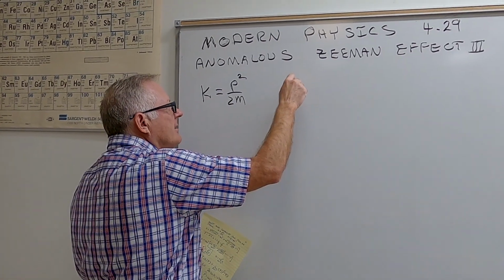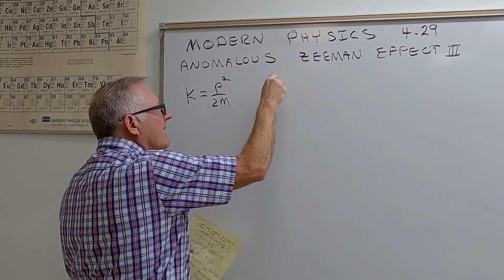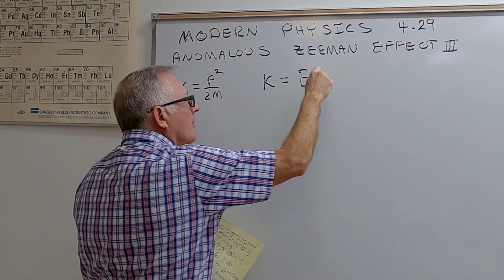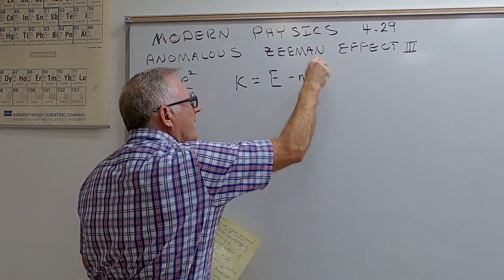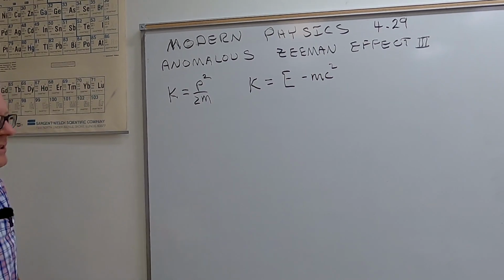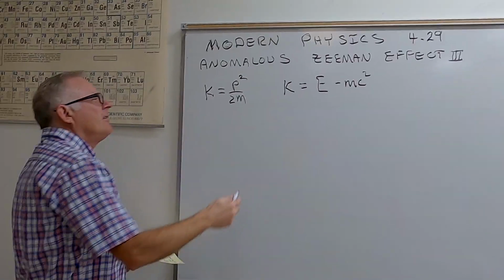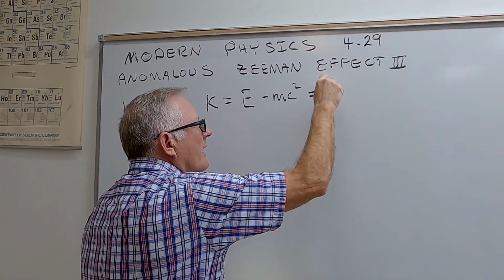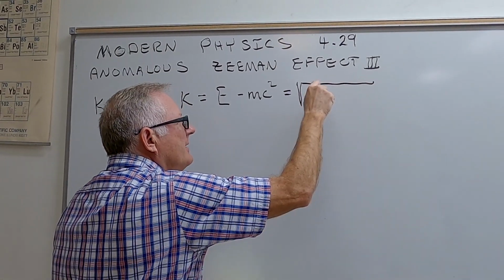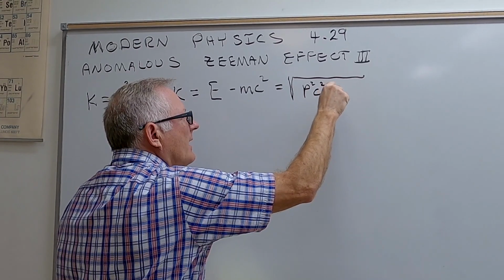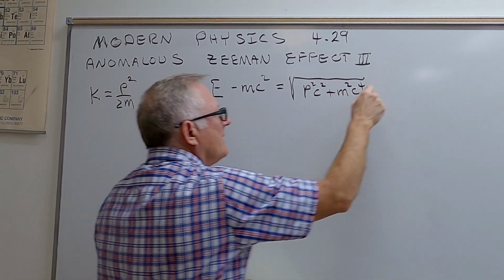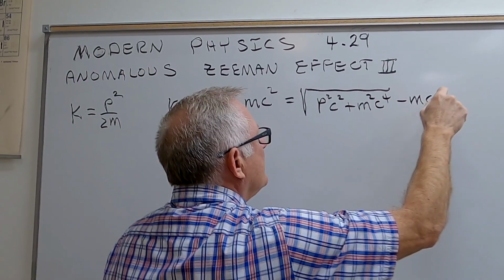Relativistically, the kinetic energy is the total energy minus mc squared. I don't want to bring in the one with the velocity. And we know the total energy was the square root of p squared c squared plus m squared c to the fourth, minus mc squared.